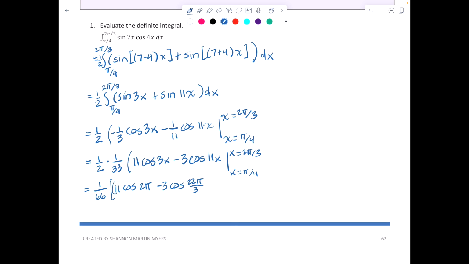That's my upper limit. Lower limit of integration will be 11 times cosine at 3 pi over 4 minus 3 times cosine at, let's see, pi over 4, so 11 pi over 4.